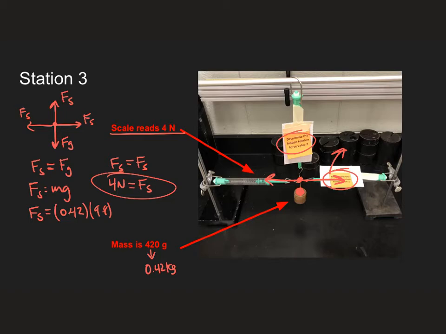G is 9.8. So 0.42 times 9.8 gives me a force of 4.11 or 4.12 newtons. So when I flip that card up, this should be around what I read on that scale, a force of 4.12 newtons.